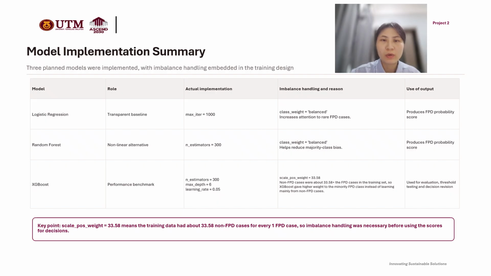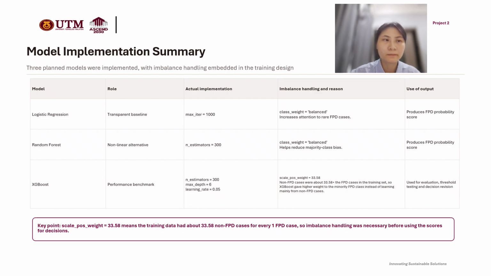Logistic regression and random forest used class weight equal to balanced. For XGBoost, scale_pos_weight was used to give more weight to the FPD class. After training, the models produced FPD probability scores for evaluation, threshold testing, and decision revision.